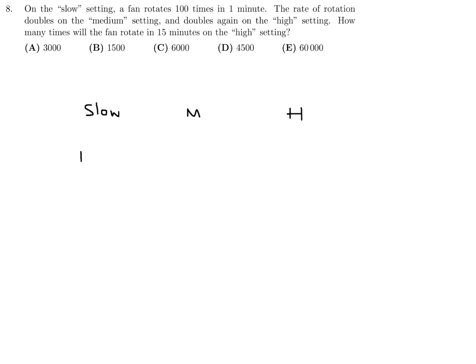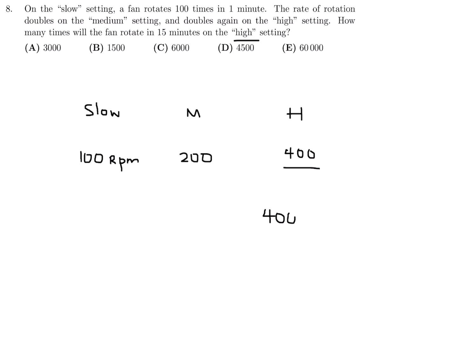On the slow, it's 100 revolutions per minute, RPM. I'm sure you've heard of that. It doubles on the medium, so it's 200 here, and then doubles again on the high, so it's 400 here. And they're asking, in 15 minutes, how many times does it rotate when it's on the high setting?